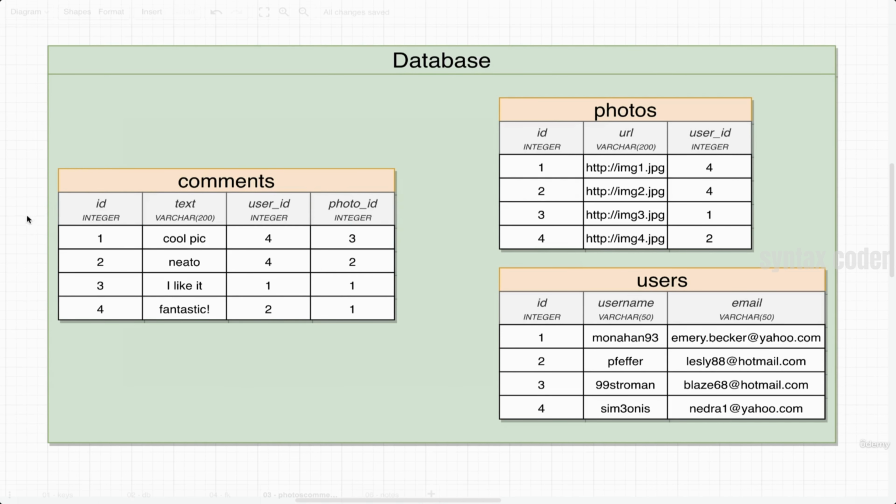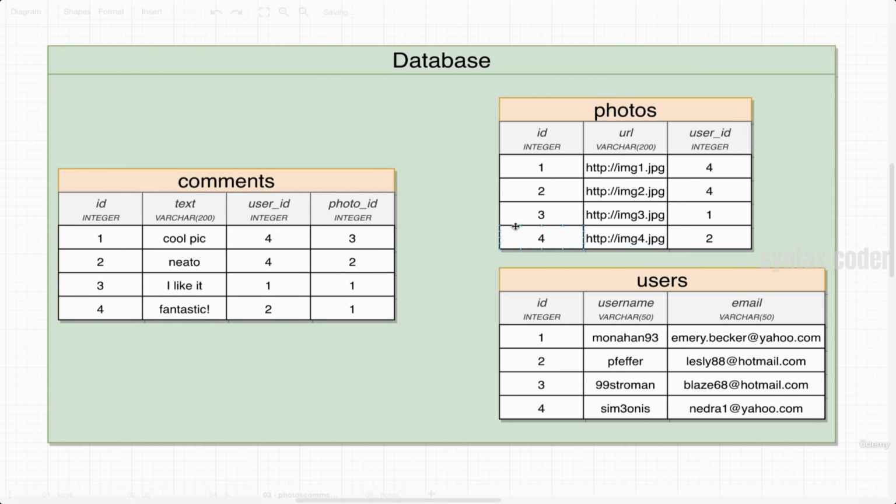So if we want to figure out all the information needed for this first comment right here, we would say that for comments, we look up the user ID, it's 4. So the person who created this first comment is that user right there. And then we added the comment to the photo with ID 3. So it is a comment that belongs to that image right there.